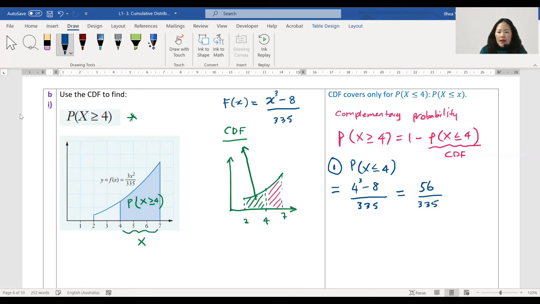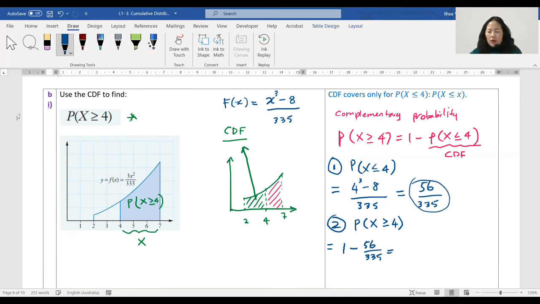Okay, now I can do my probability that big X is bigger than or equal to 4 equals 1 take away that, which is the other side. That will give me 279 over 335.